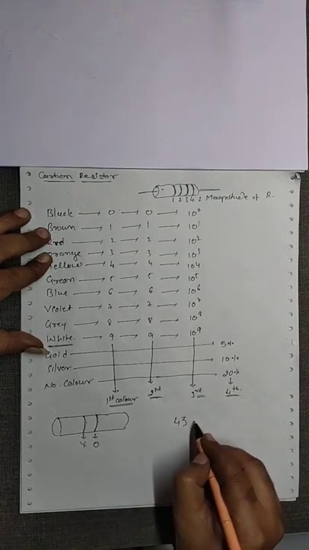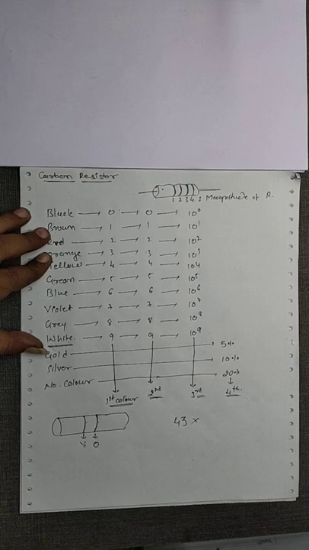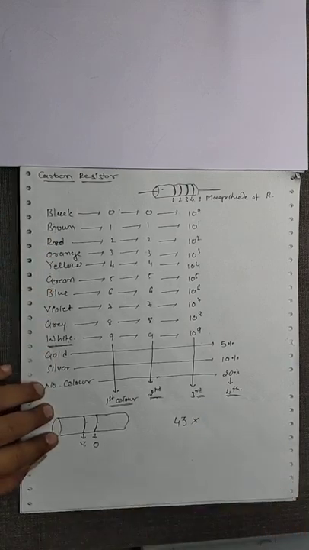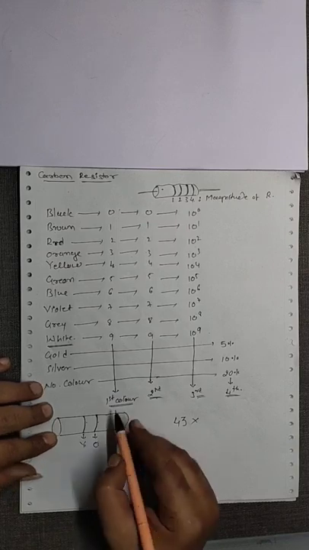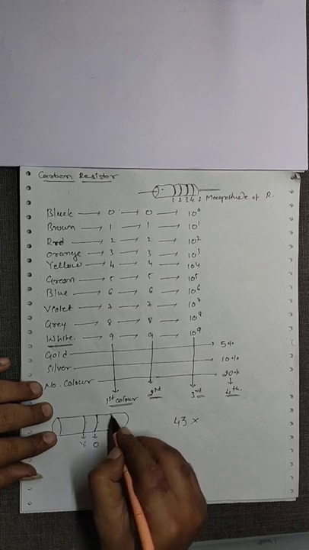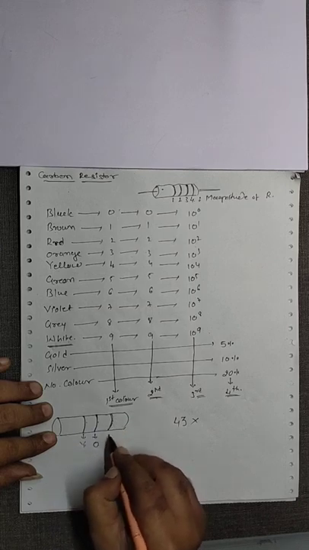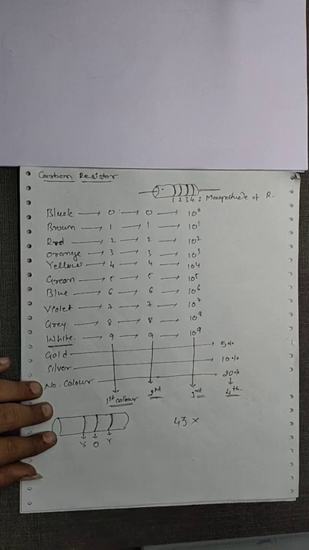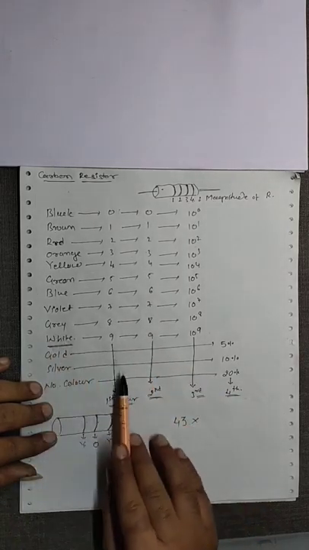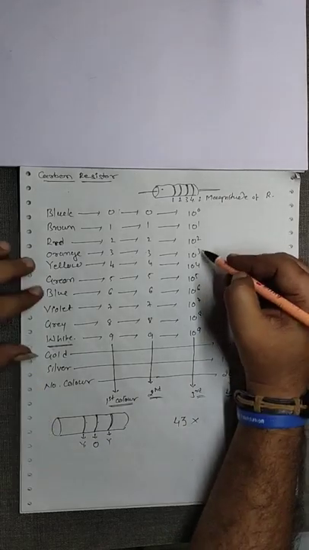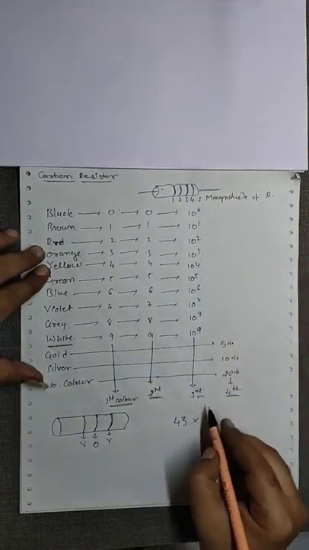Okay? Multiply by, now there will be a third color. Suppose it is again yellow. Then in the third line, where is yellow? 10 raised to 3.